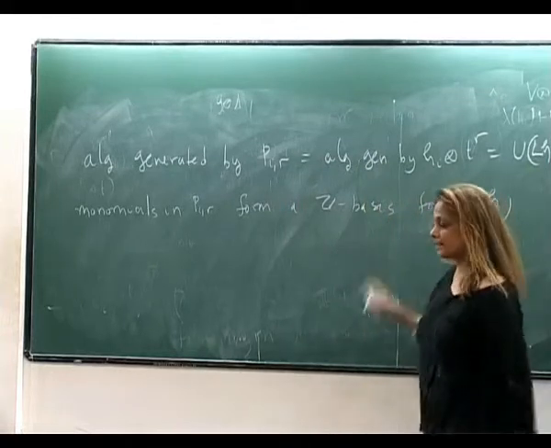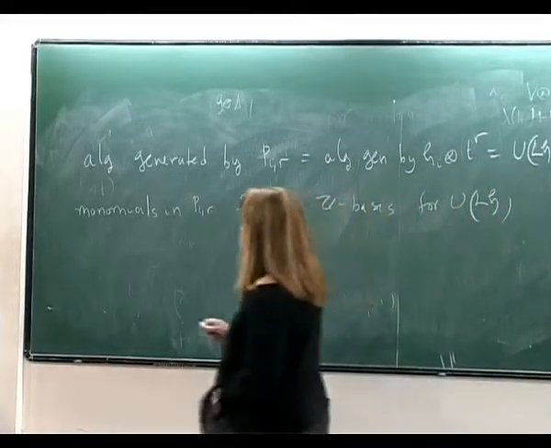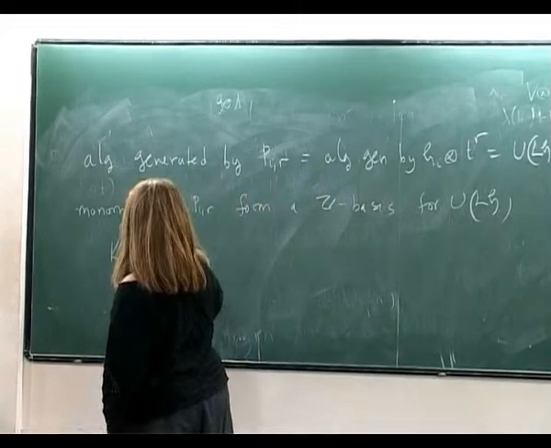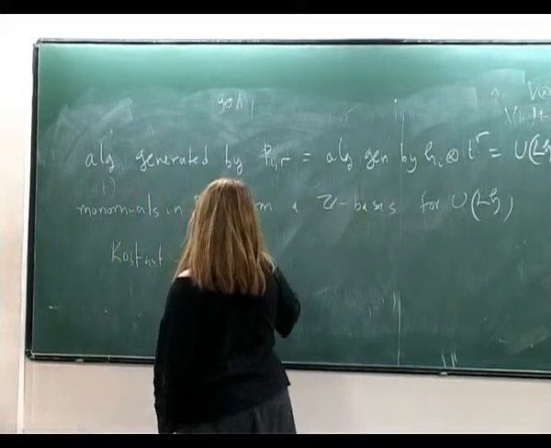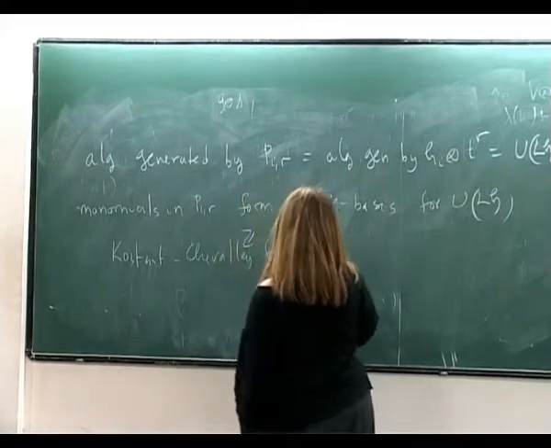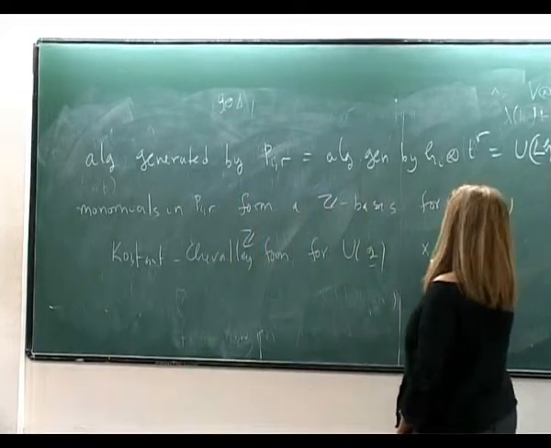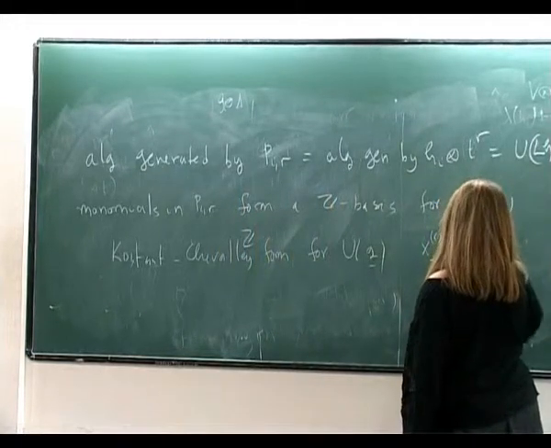Again, if you think in terms of characteristic p, when you think of the Kostant-Chevalley Z form for U(g), you have these divided powers, x_alpha to the power r, alpha a root.